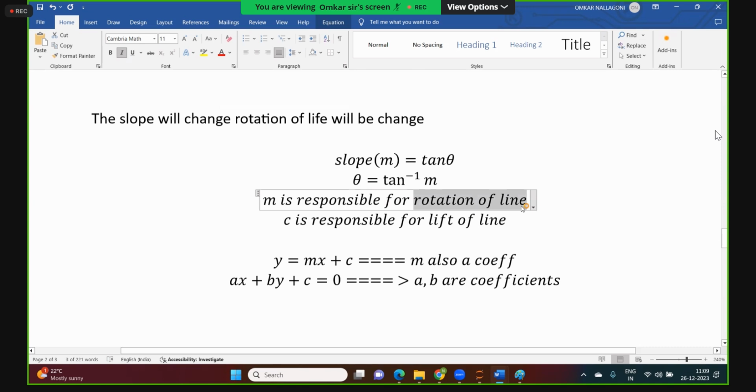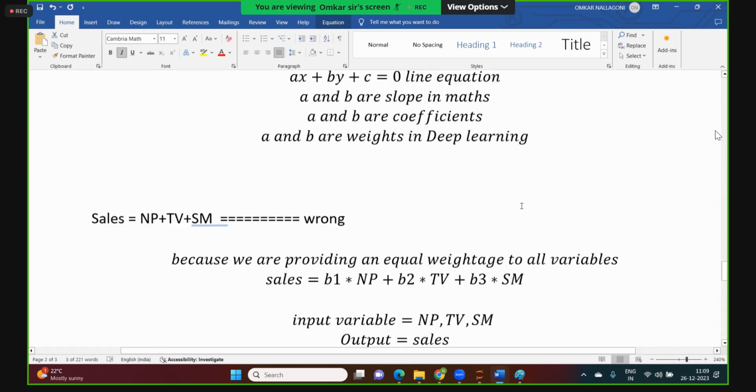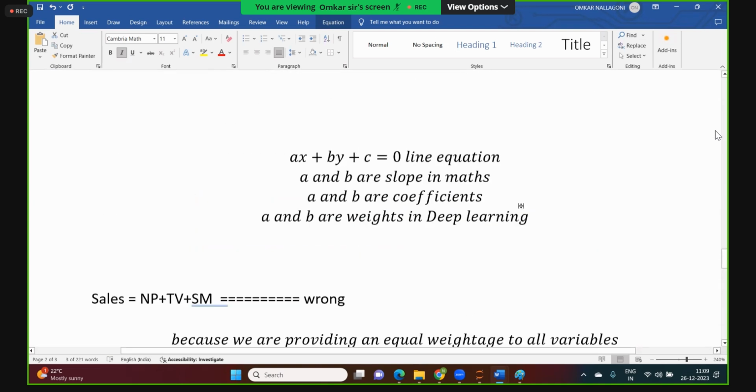Good coefficients mean good slope, good slope means good line, and if your line is good, your model is good. These all are interlinked, and we will see that tomorrow. So this is called the linear regression equation.